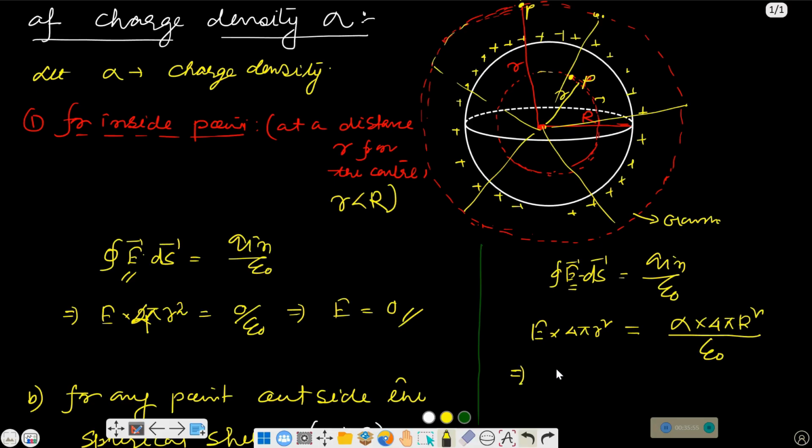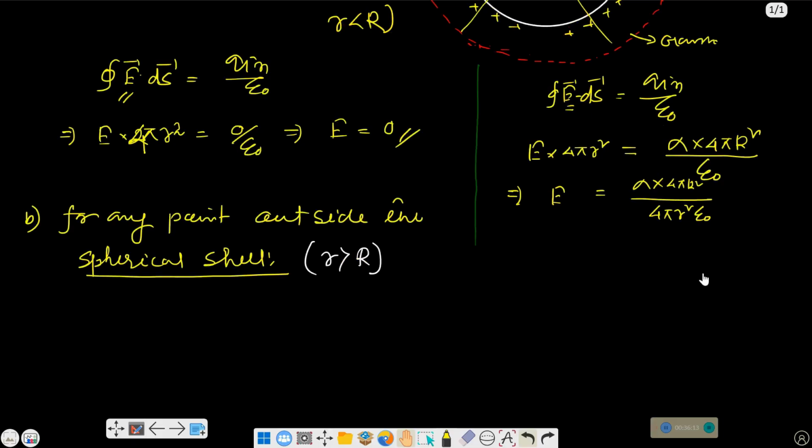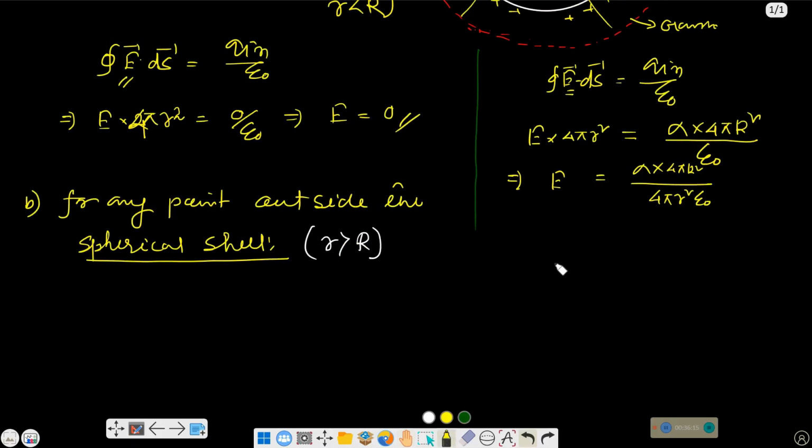So if we do this, electric field will be equal to sigma into 4 pi R square divided by 4 pi r square epsilon naught. Now sigma into 4 pi R square is the total charge Q on the surface of the spherical shell. So E outside is Q by 4 pi epsilon naught r square.